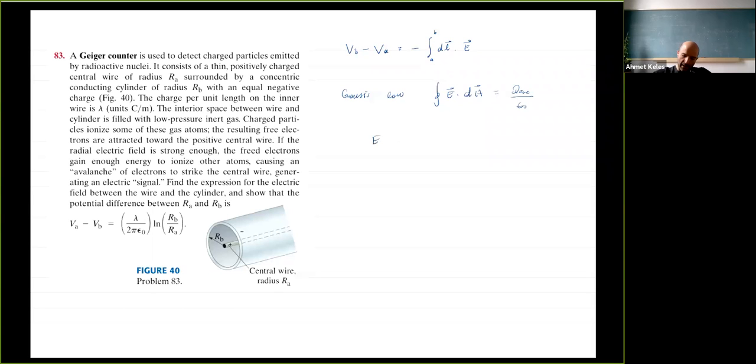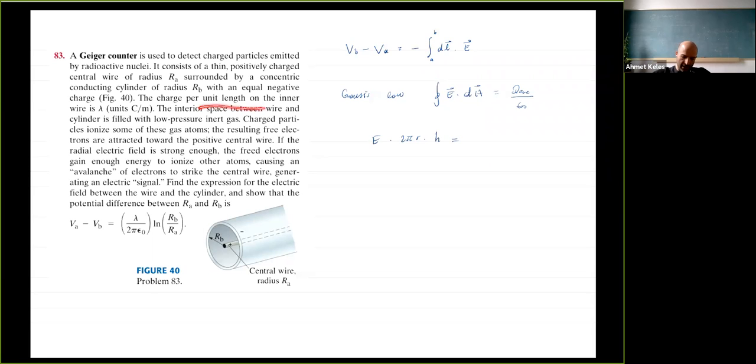E times the area, 2 pi R times, let's call it H, is equal to Q enclosed over epsilon naught.